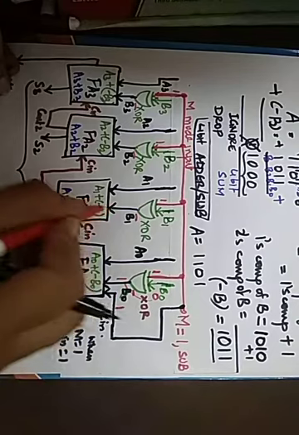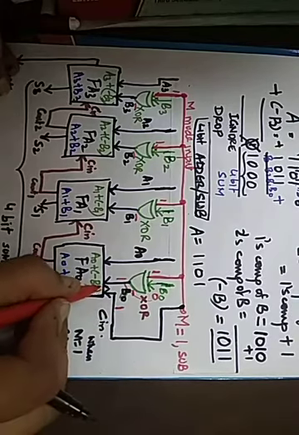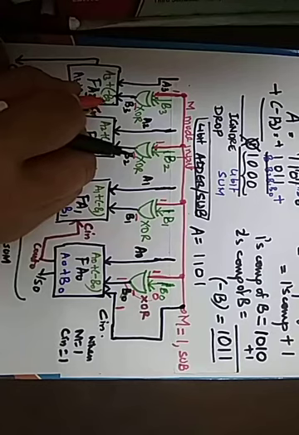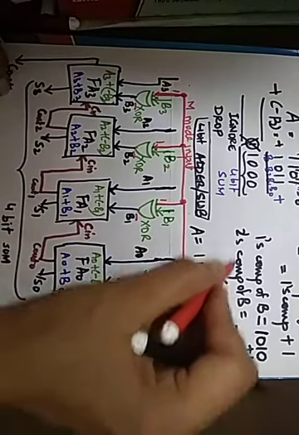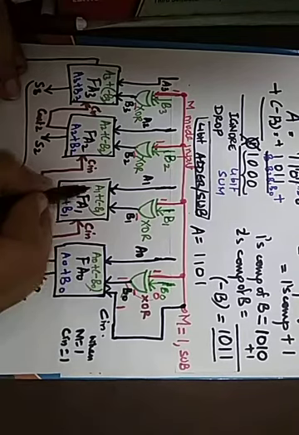So this is the B3, B2, B1, B0 getting the complement, and this 1 getting here. So 1's complement plus 1. You're getting minus B0, minus B1, minus B2, minus B3, the 2's complement. So this circuit will do nothing but A0 plus minus B0, A1 plus minus B1, A2 plus minus B2, and A3 plus minus B3.